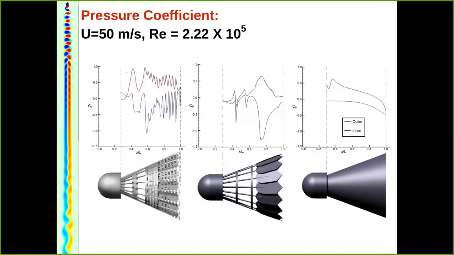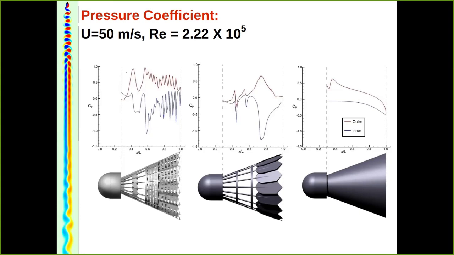The drag is created by a component of the pressure difference between the inside and outside. If the two pressures are same, there will be no drag. It will just cancel out. I'm sorry you can't see the color very well, but you can see that there is a fairly large difference here, but very little difference between the inner and the outer.